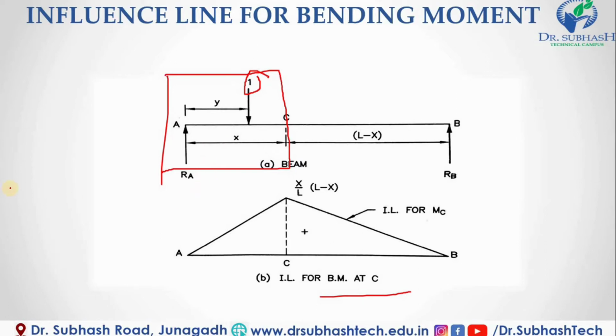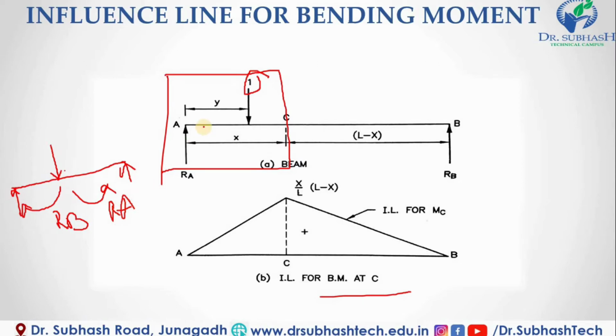It should be opposite. I have simplified that: this is the unit load, this is RA, and this is RB. When the unit load is on the left hand side of the section, the effect is that of RB, and when the unit load is on the right hand side, the effect is that of RA.